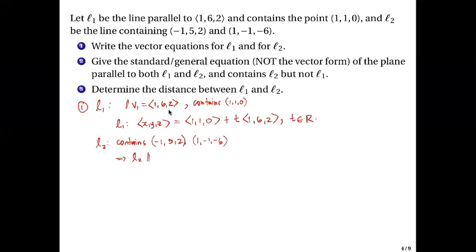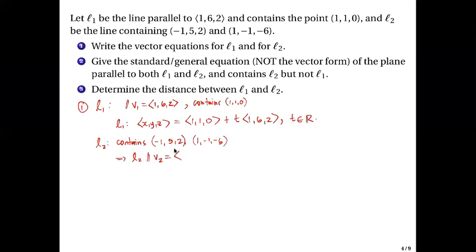This means that L2 is parallel to the vector V2, and this vector V2 is the vector whose components are the difference between the coordinates.